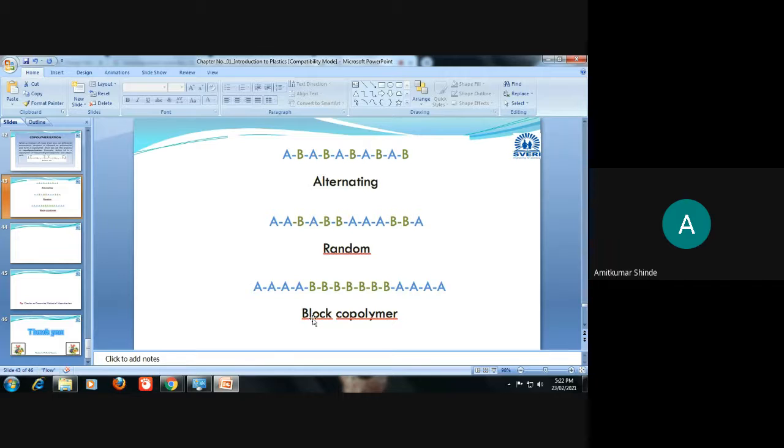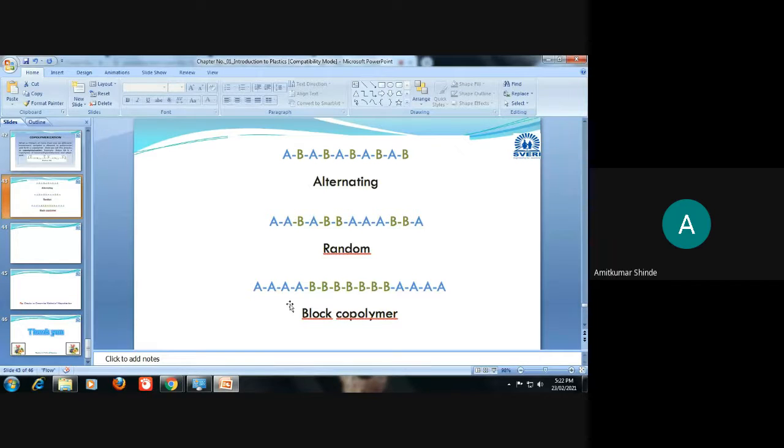In the block copolymerization, whichever chain is formed with the help of these blocks, A blocks, B blocks, like this. When a number of B monomers are attached to each other, it will form the B block. When a number of A monomers are attached, it will form the A block. And when A blocks and B blocks form a linear chain, it will be termed as block copolymerization.